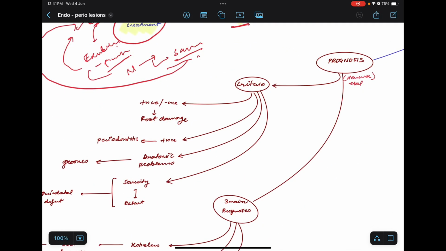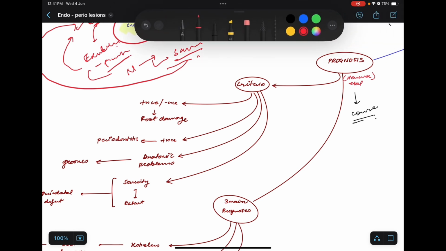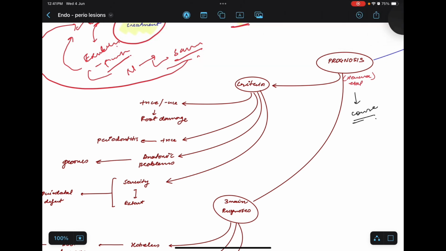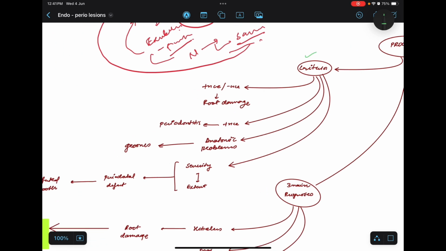Okay, so prognosis, as we have understood, helps us determine the course of the disease. What course the disease is taking, it helps us determine that. Now coming on to the criteria for prognosis. Of course, as we already understood, first of all is the presence or absence of root damage.